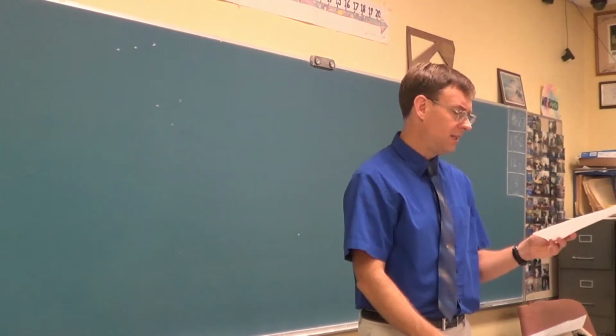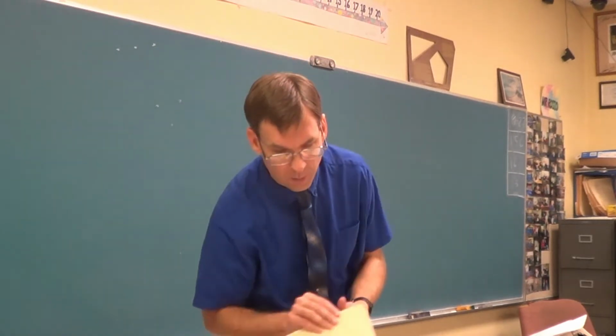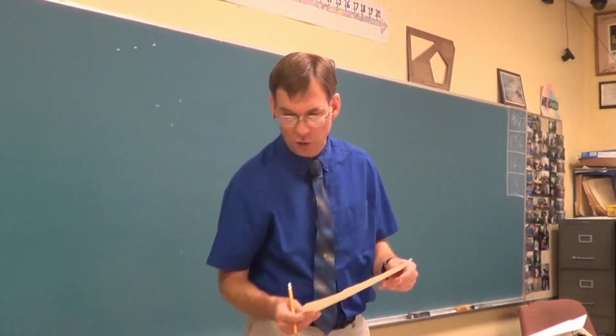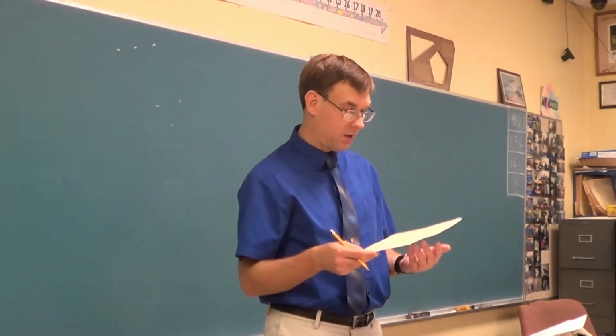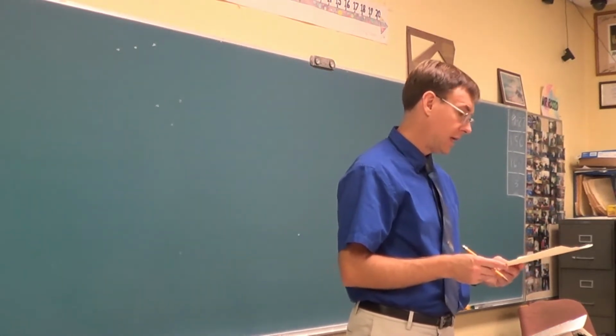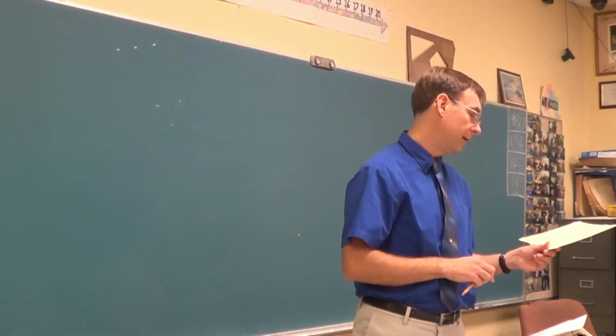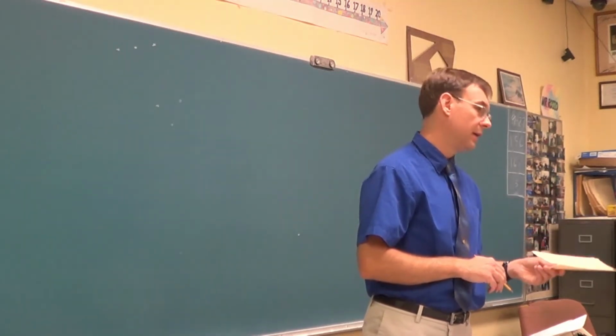Flat plane postulate, can anybody do it? Okay, so flat plane postulate says if 2 points of a line lie in a plane, then the line lies in the same plane. If 2 points of a line lie in a plane, the line is in the same plane.